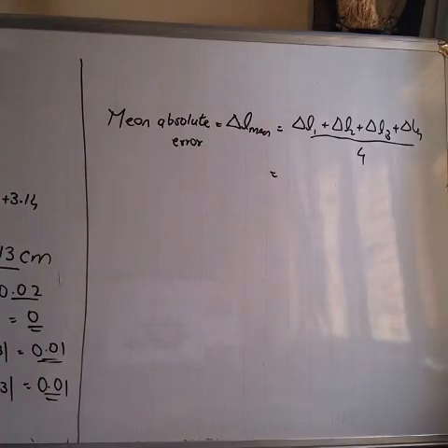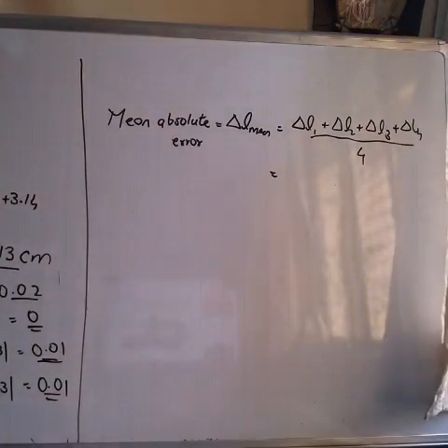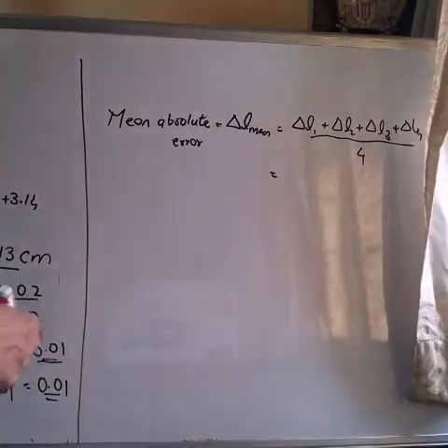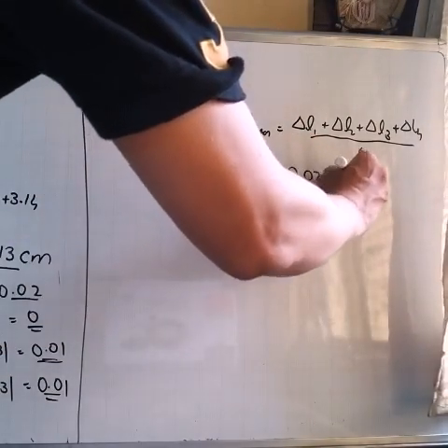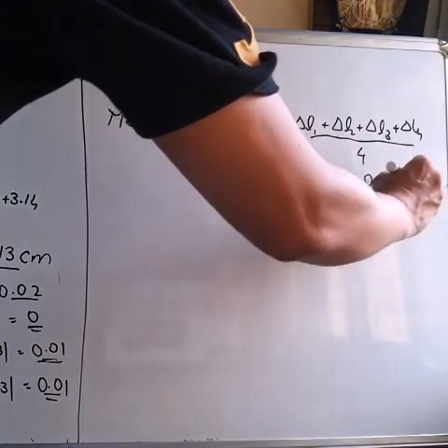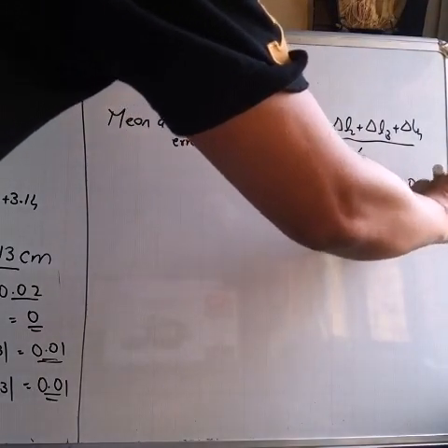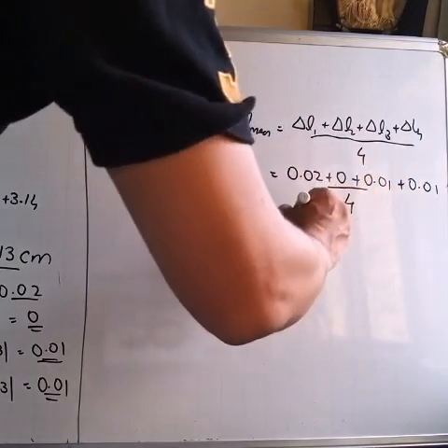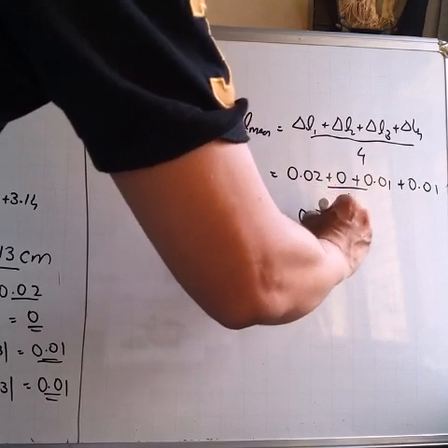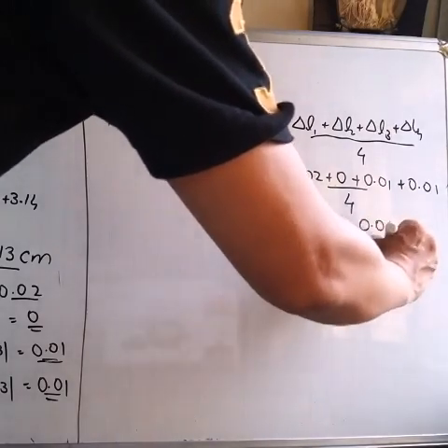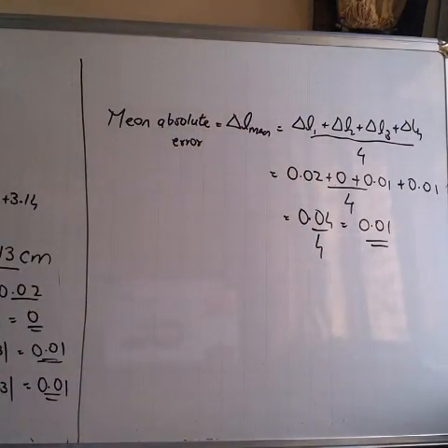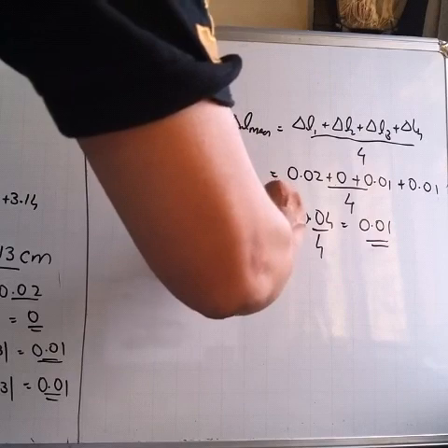You get 0.02 plus 0 plus 0.01 plus 0.01, the whole divided by 4. 0.04 upon 4 is 0.01. I got the mean absolute error, delta L mean.